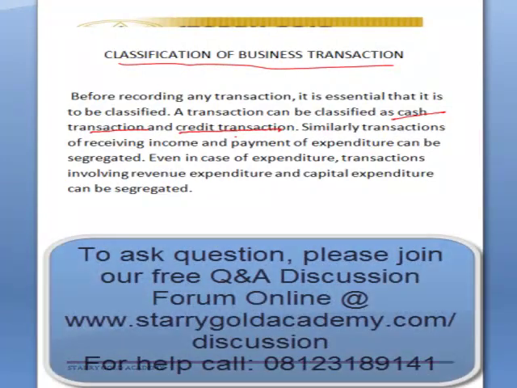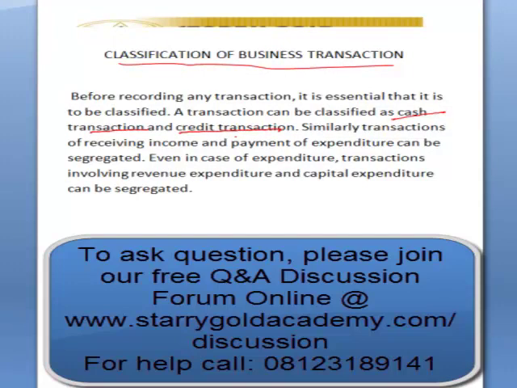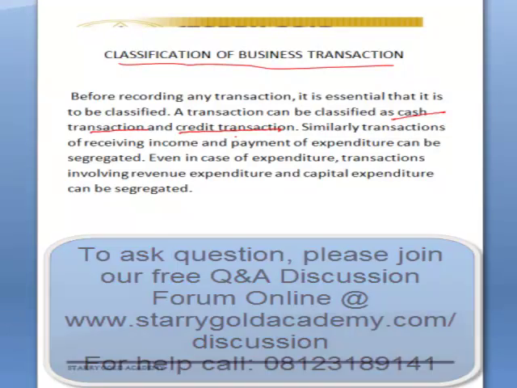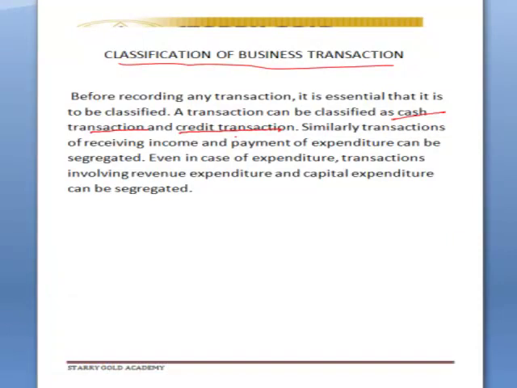What is a cash transaction? What is a credit transaction? A cash transaction is any transaction, any legal obligation of the business, in which the resources of the business will flow out, or resources will come into the business.